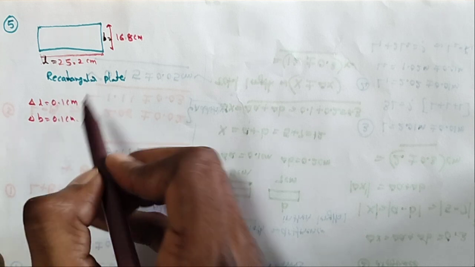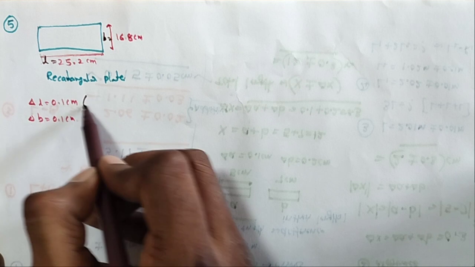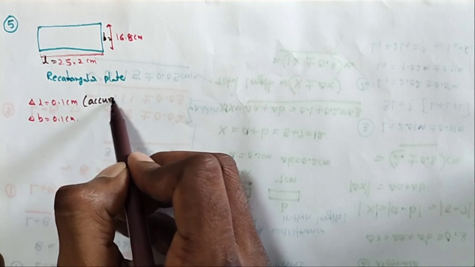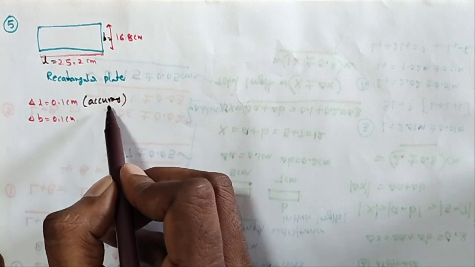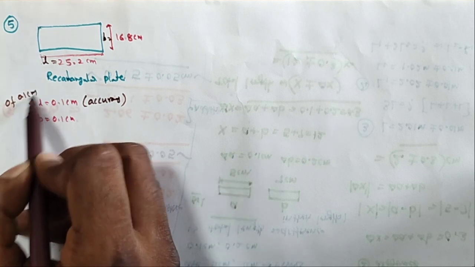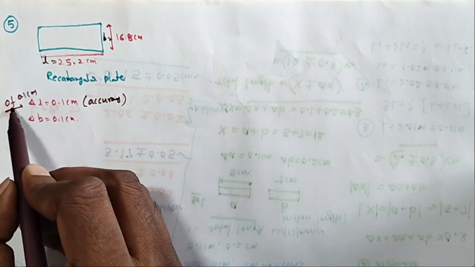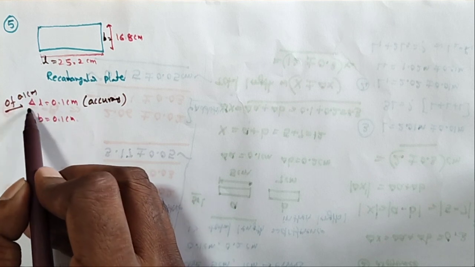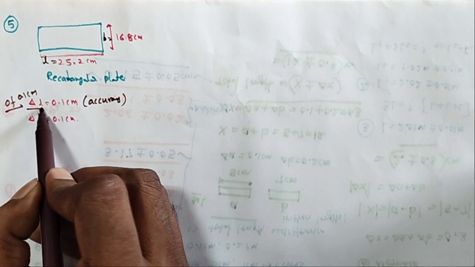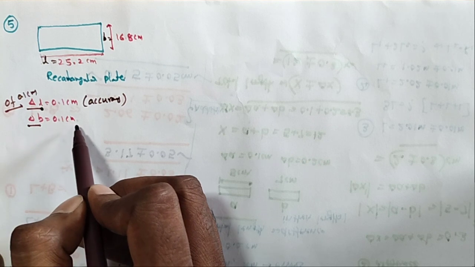Sometimes accuracy is given in the questions instead of errors. Accuracy of 0.1 centimeter is given for the measurement of length. You can automatically take it as the error delta L. So the accuracy of the breadth, 0.1 centimeter, is given, so delta B is 0.1 centimeter.